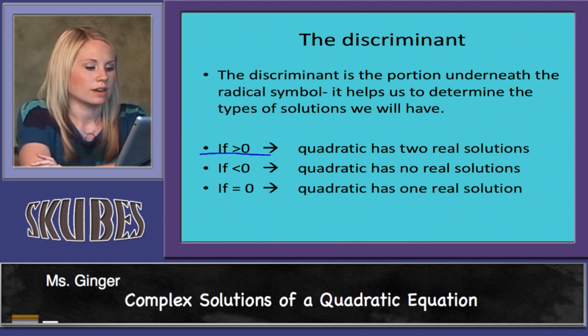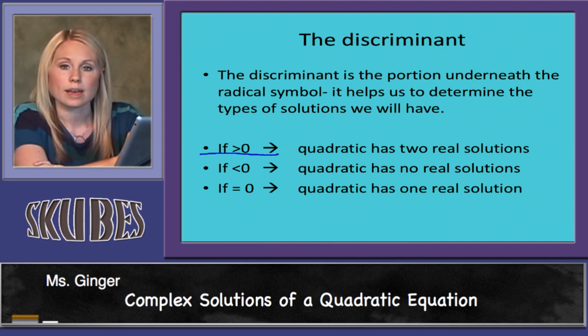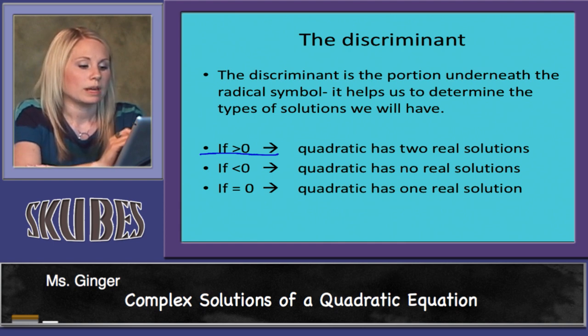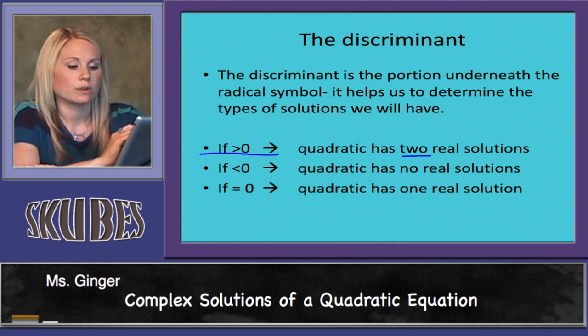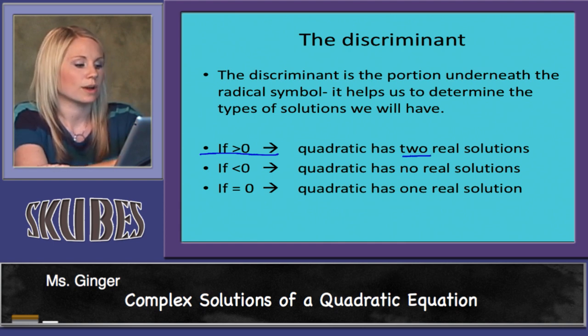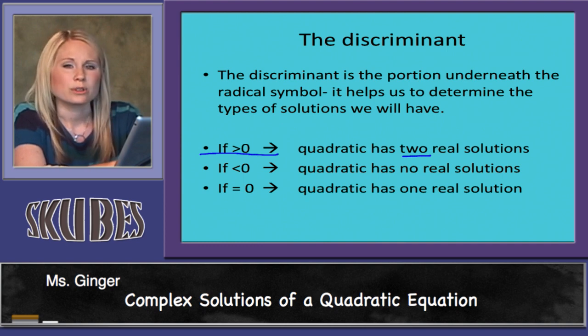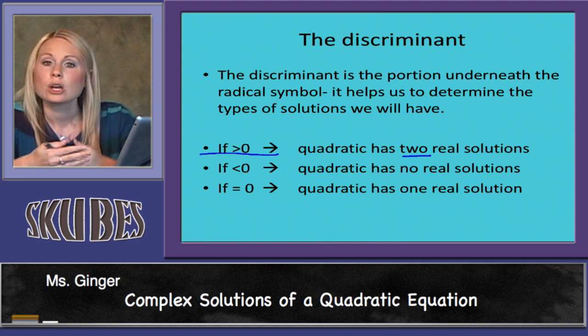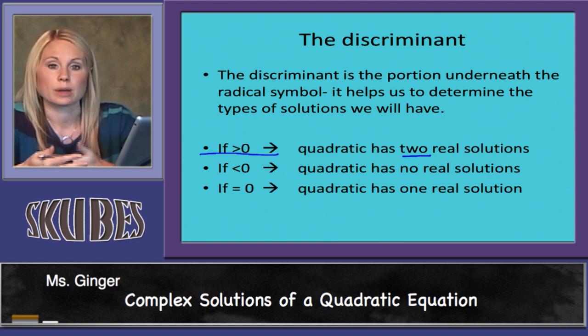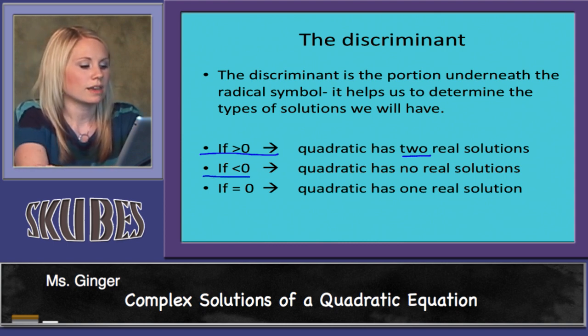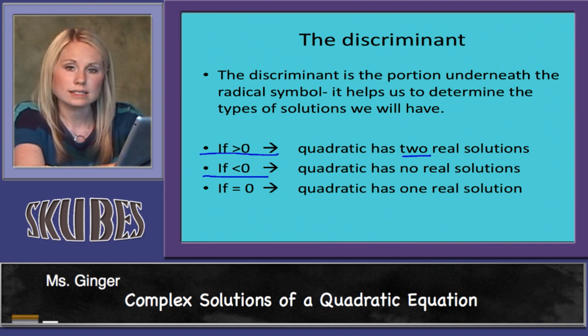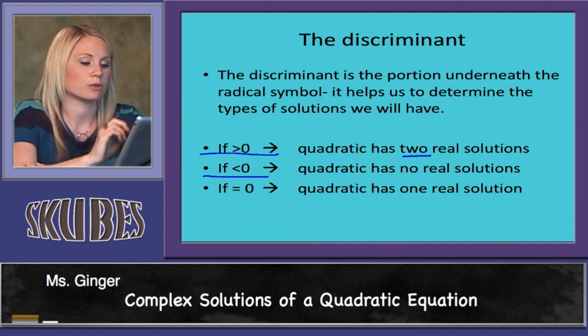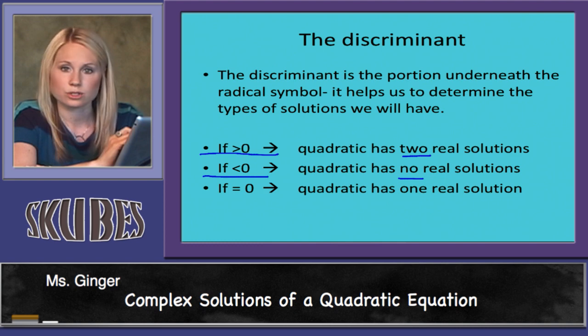If we have a number greater than 0 in that portion of the formula, we will have two real solutions. That's because if a number is greater than 0 under the radical sign, we end up with a real number. If we have a number that's less than 0 under that portion of the formula, we will have no real solutions.